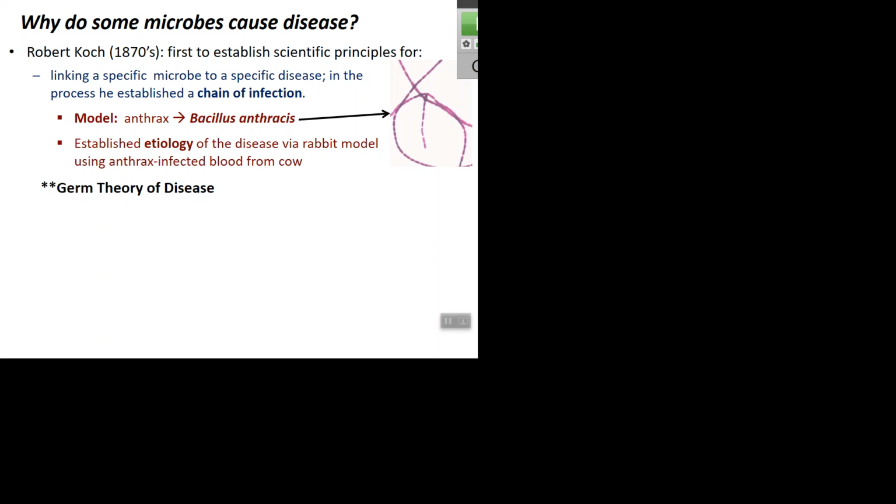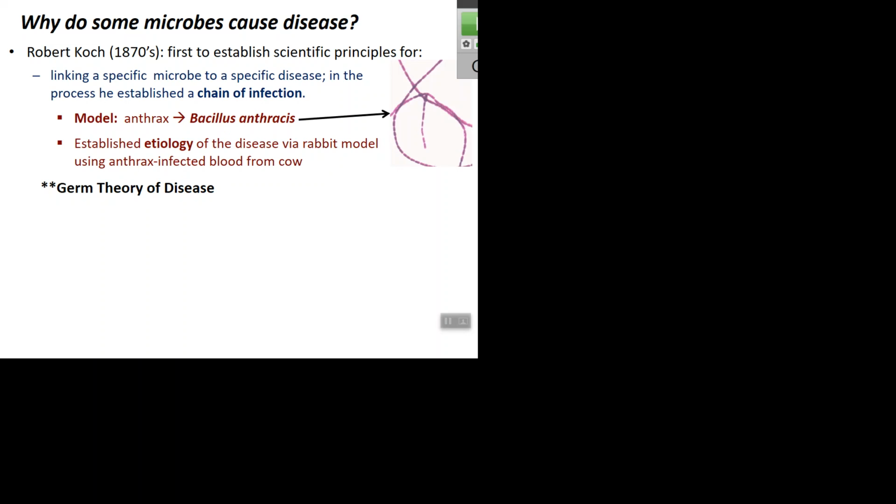And so Koch did this in two parts, if you will. He was kind of lucky out of the gate in establishing cause and effect by looking at anthrax. He was a doctor out in the country, so he could see the effects of anthrax on the livestock around him.